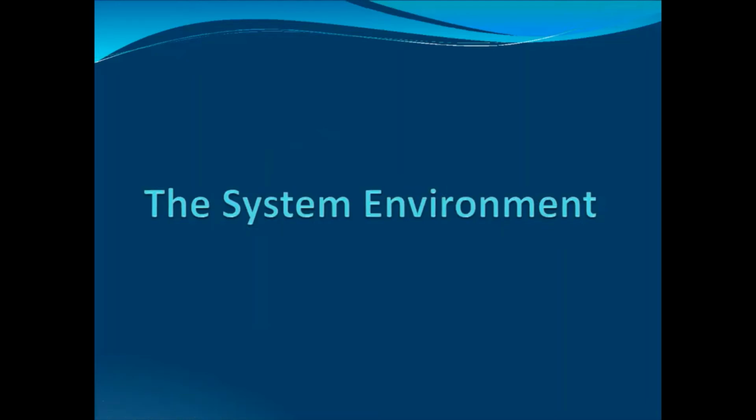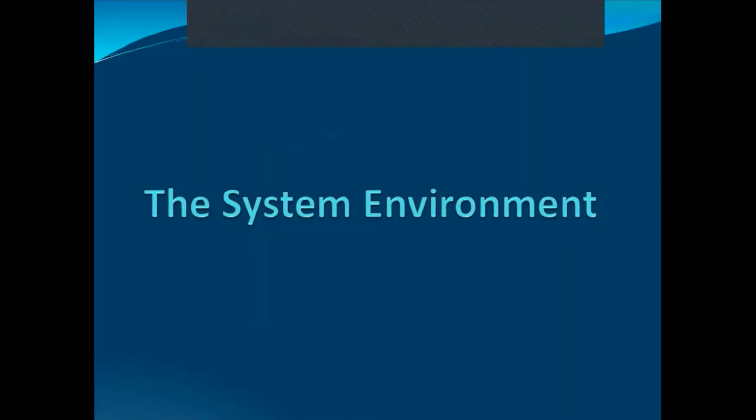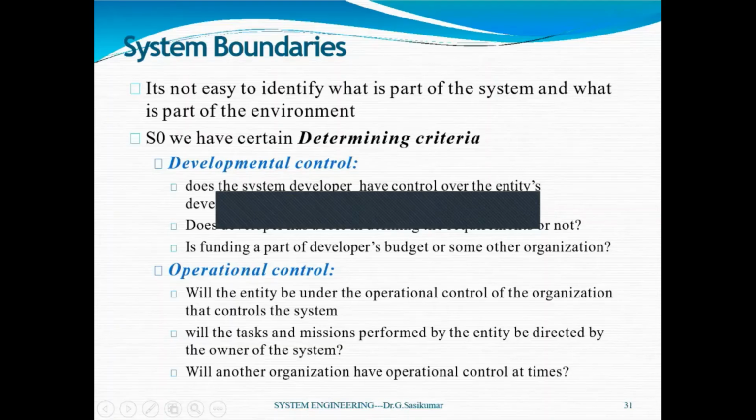So we need a good system environment to create a better system engineer. If you want to become a system engineer, you must have knowledge of the environment where you are working, what you want, what your role is, how to achieve your goal, what major characteristics you need to achieve your goal, and how to come out of failure and create a new system.